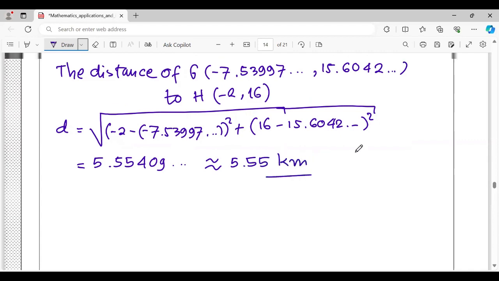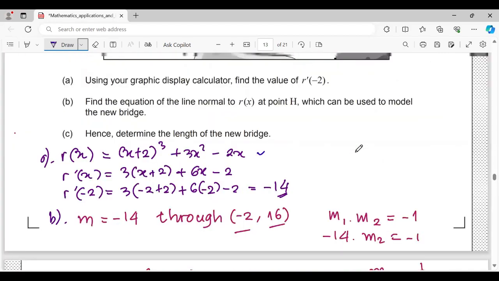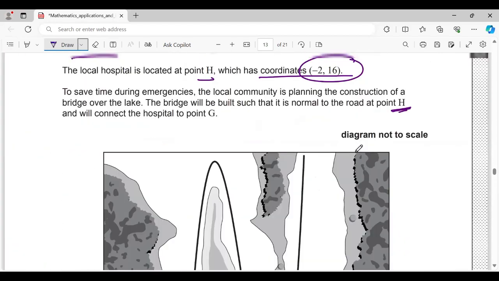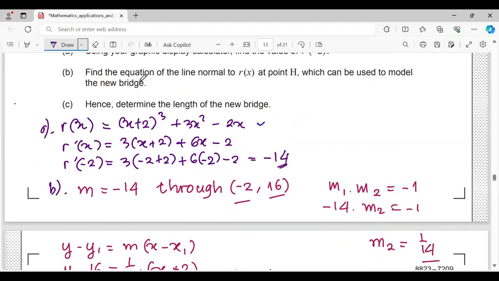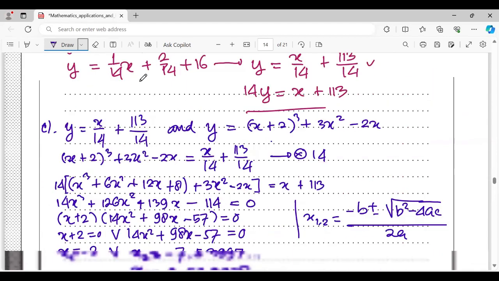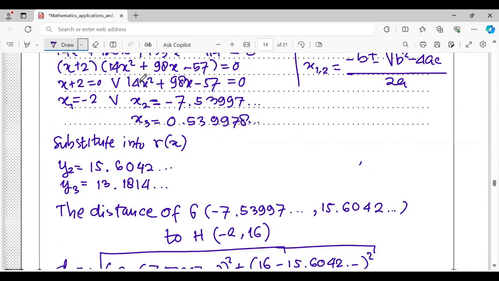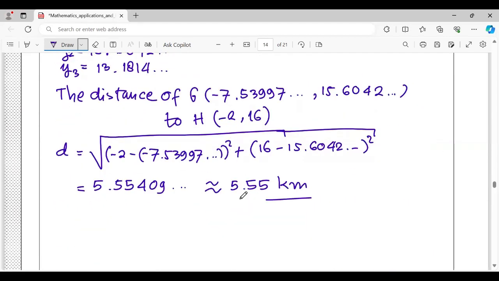The unit is kilometers according to the information given. So the length of the bridge is 5.55 kilometers.